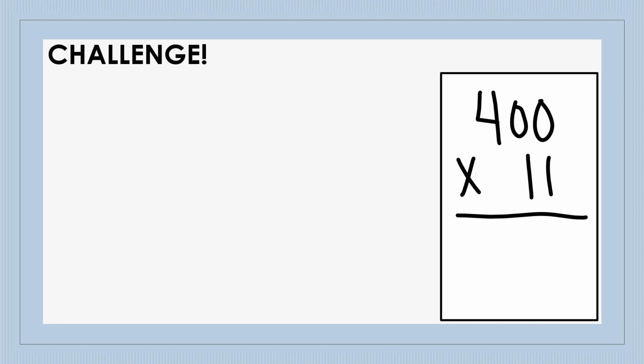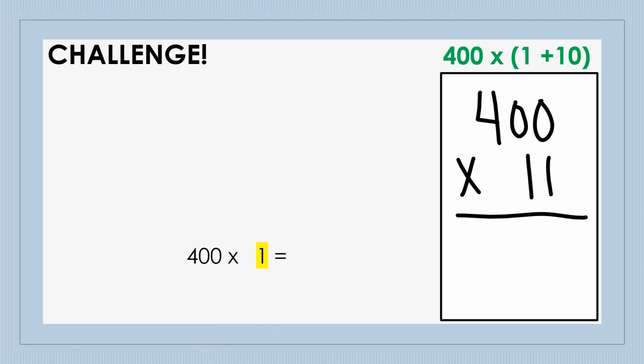So instead of thinking of this as 11 groups of 400, I'm going to think of this as one group of 400 plus 10 groups of 400. So we're going to first find out what one group of 400 would equal, and then 10 groups of 400. And that's going to help us get that product a little bit quicker.